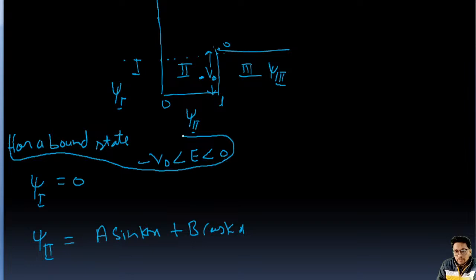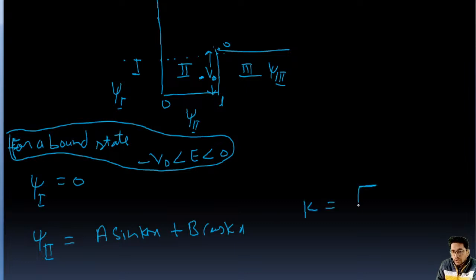So the value of k is going to be root of 2m, because this is going to be E plus v naught, right?